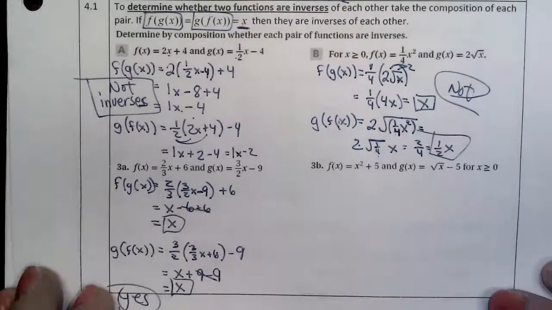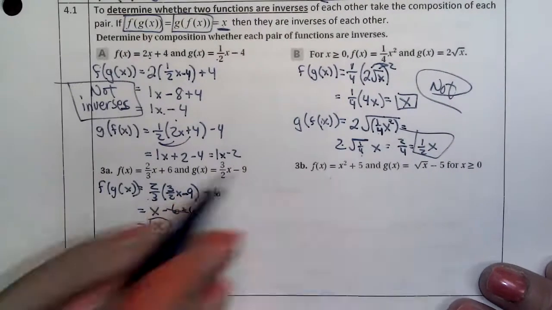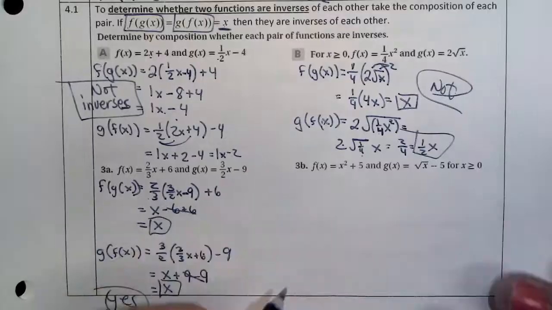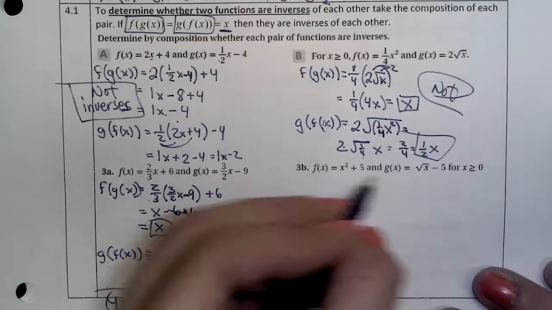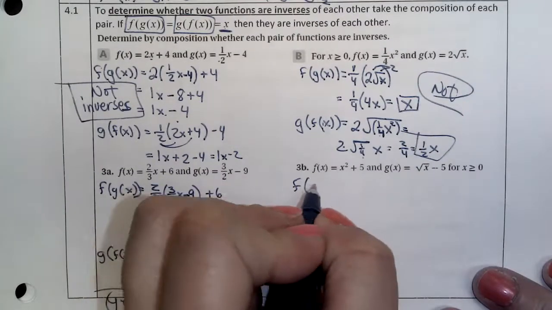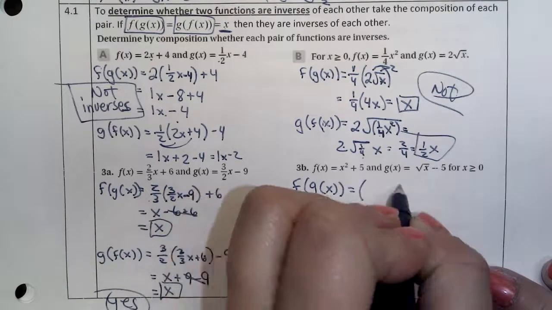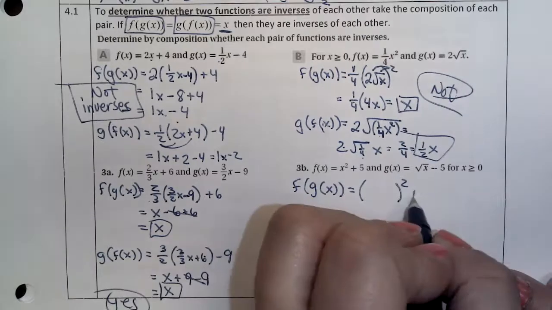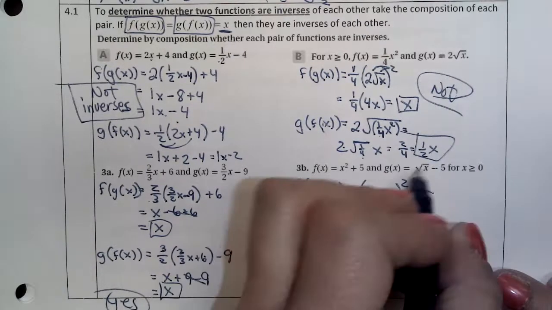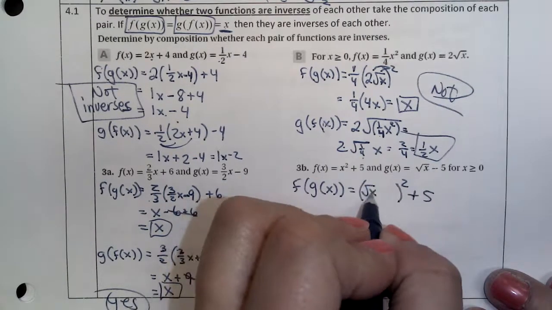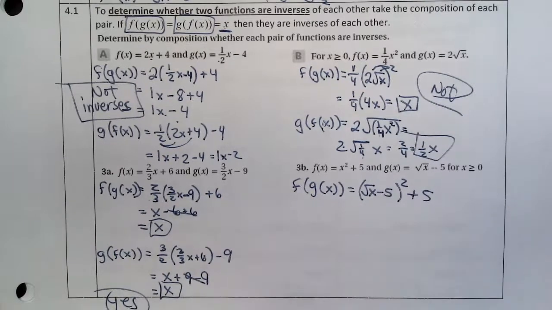All right, and now let's look at our last problem for today. You guys are going to have some practice doing this, and I'm going to give you a little bit of a tip here in just a minute, but let's finish this last one. So we have to find f of g of x first. I have my x value squared plus 5, and my x value is the square root of x minus 5.